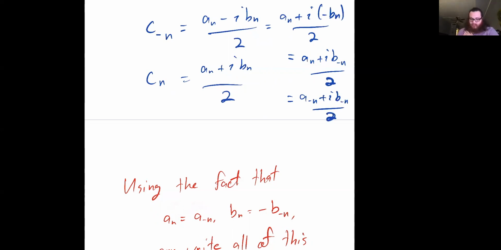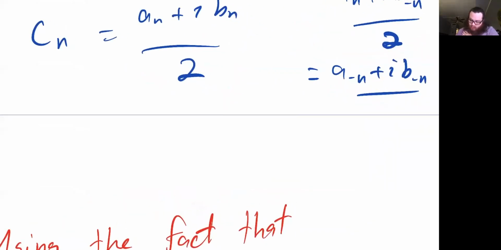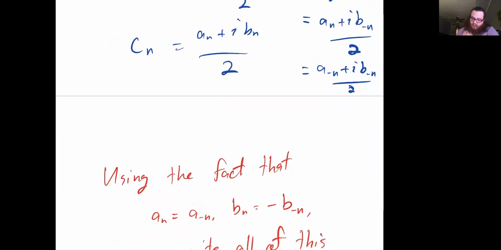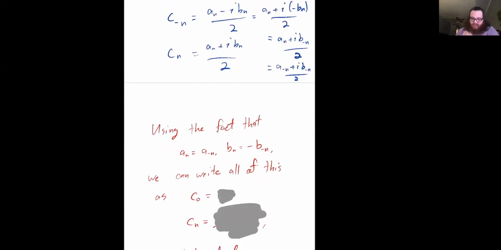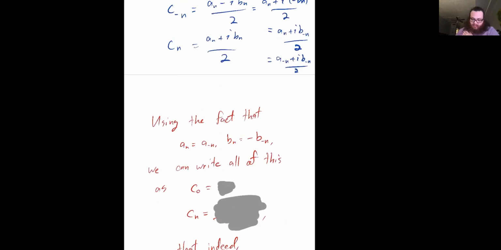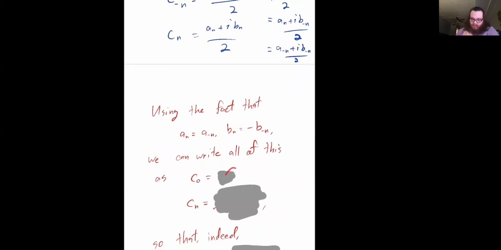Okay. Actually, let me keep it on the page. So we've written these things in such a way so that C0 is just A sub 0. Nothing much going on there.